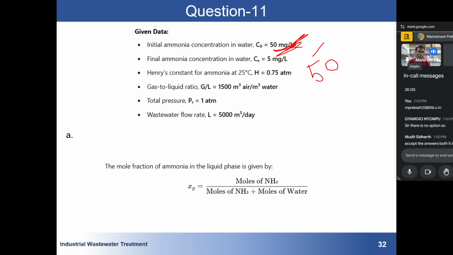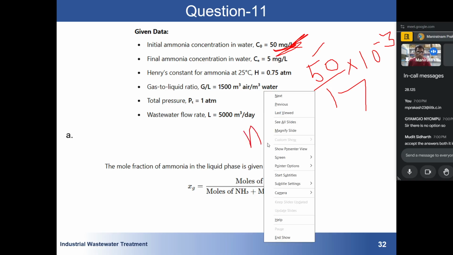Molecular weight of ammonia is 14 plus 3, that is 17. As it is in milligram per liter, you have to multiply it by 10 to the power minus 3 to convert into gram. Then you will get the mole of ammonia.